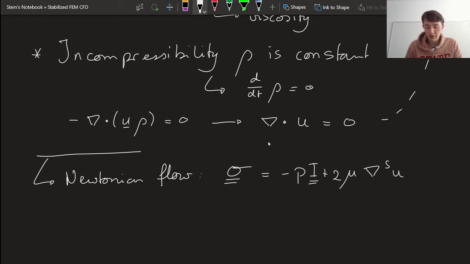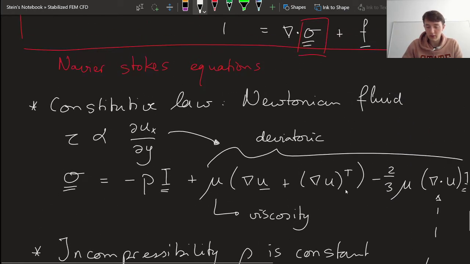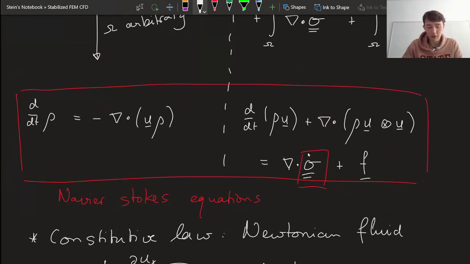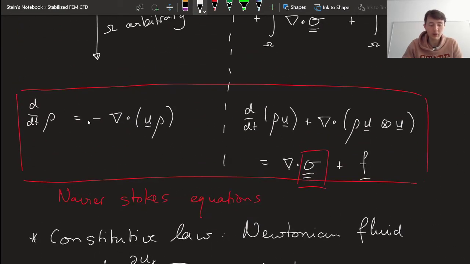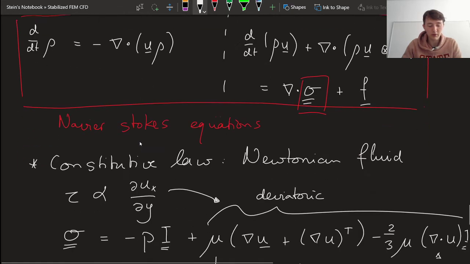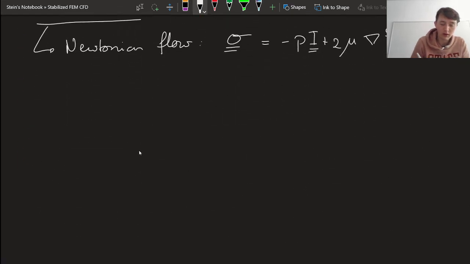Now, if we substitute this into our momentum balance equations, and we make use of this incompressibility condition in the left side of the equations, then our new Navier-Stokes equations are going to be dt of u plus the divergence of rho u.